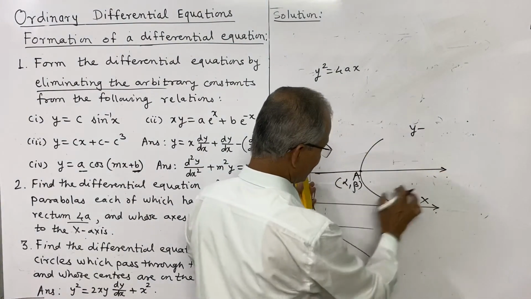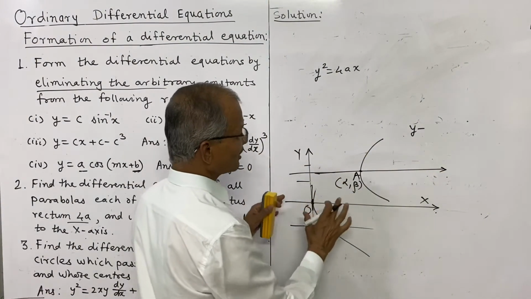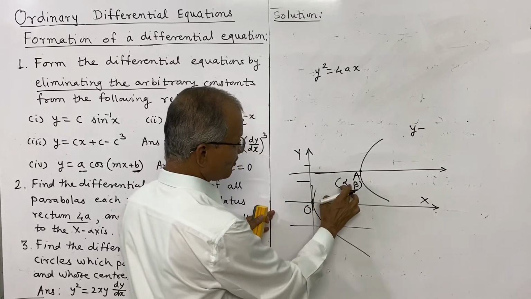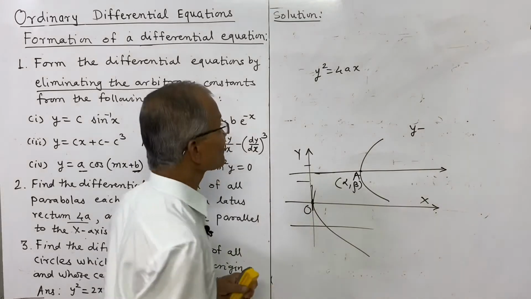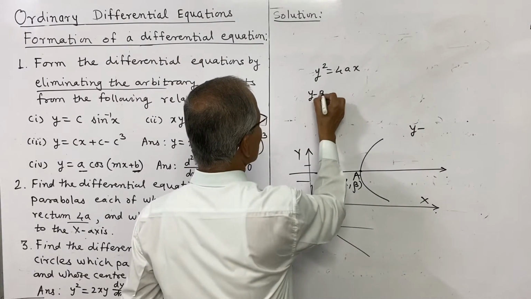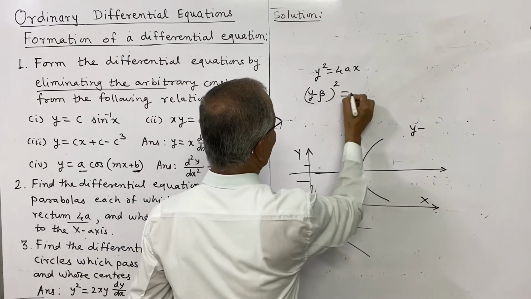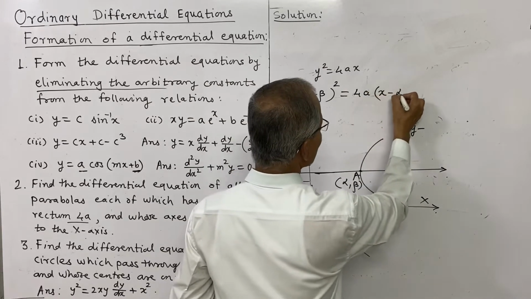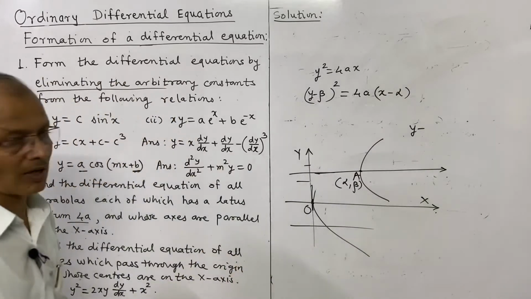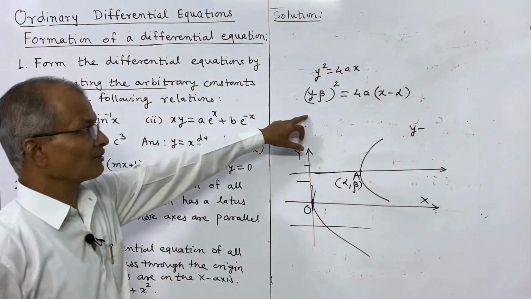So its equation will be, if we shift the origin to the point A, y becomes y minus beta, whole square is equal to 4a, x becomes x minus alpha. So this is the equation of the parabola, and we have to start with this equation.